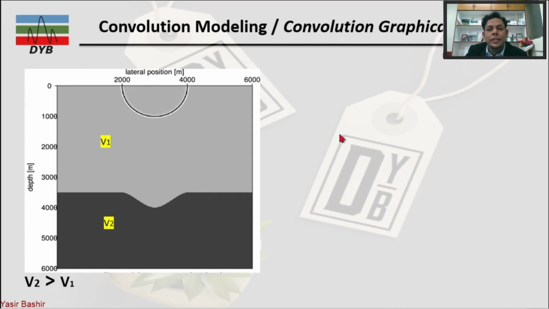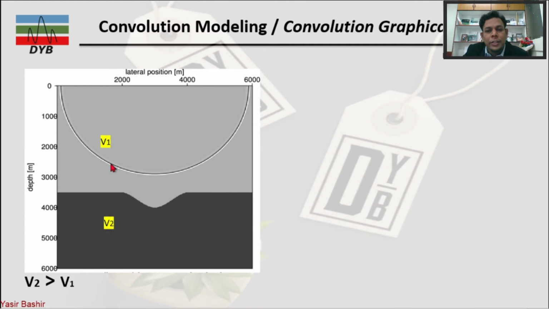Here is one graphical example of the seismic wave. In the convolution method, we have two major inputs. One is your wavelet and the second one is your reflectivity. In this example, this is your seismic wave which starts to propagate, and you have the reflectivity on the backside.